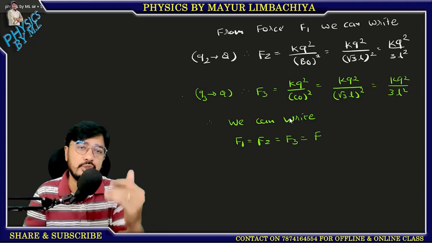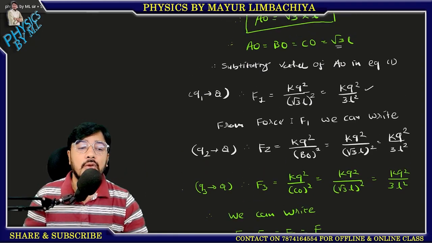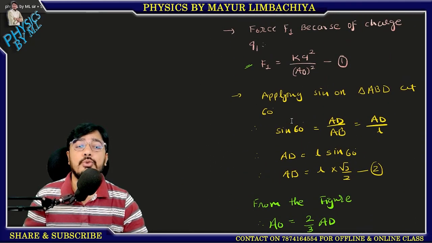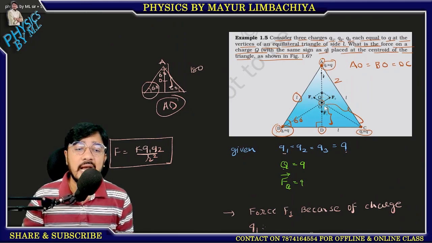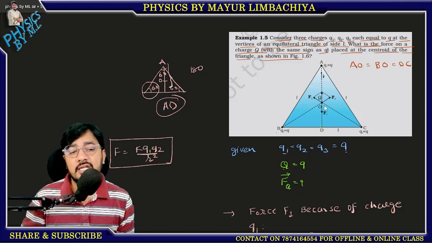Now what we have to find out is the total force. How can we calculate the total force? Dear students, to calculate the total force, what I can use is the figure. Look at that. The F1 force is along the AD direction. The F2 force is along the BO direction.